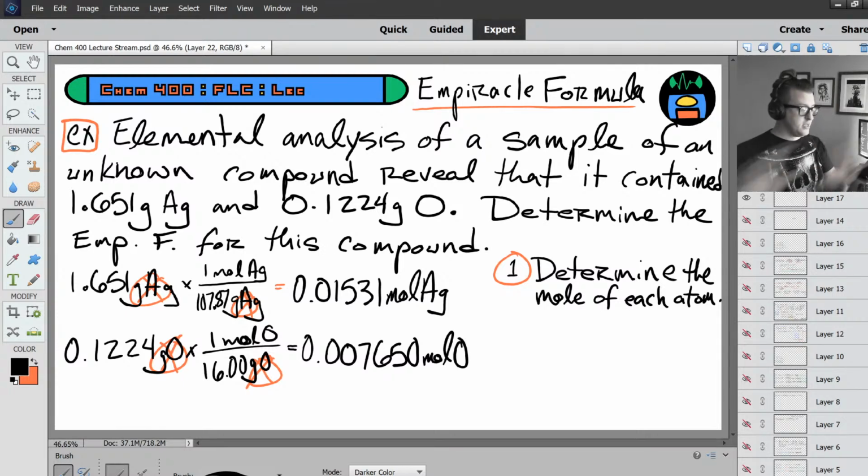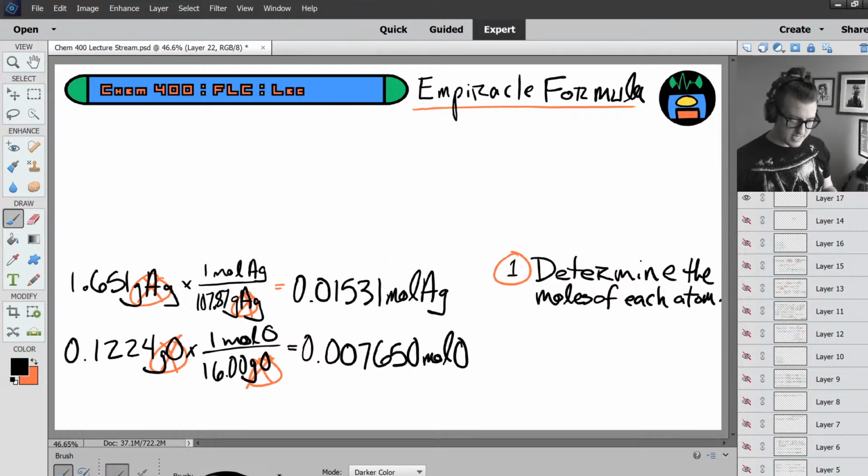Take your masses, determine the moles of each atom. And the reason why we're doing this is we want to find the empirical formula for this compound with silver and oxygen in it, right?